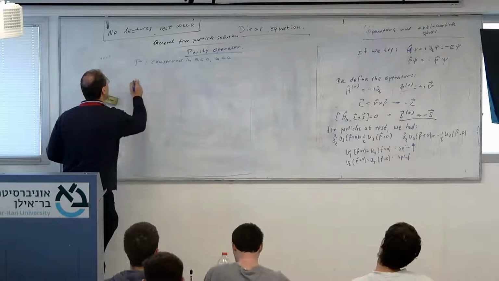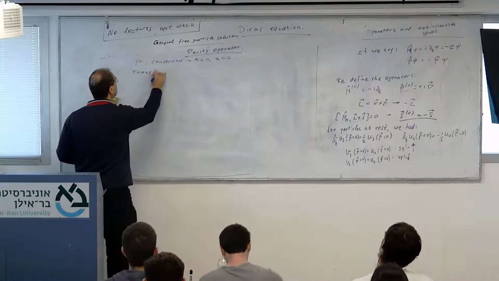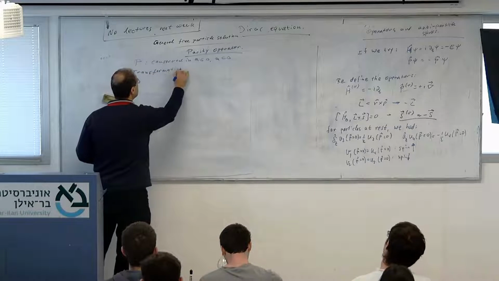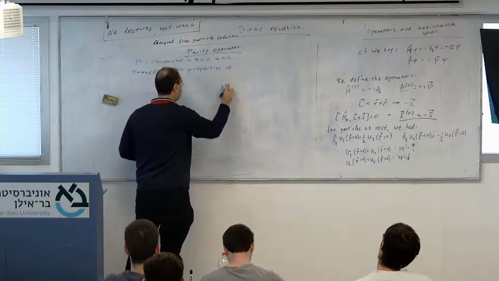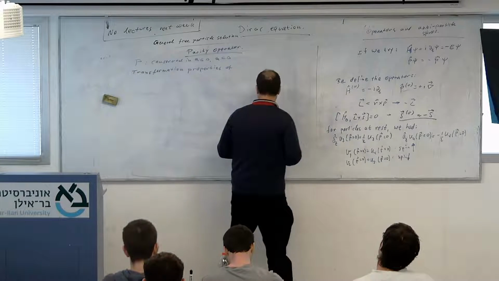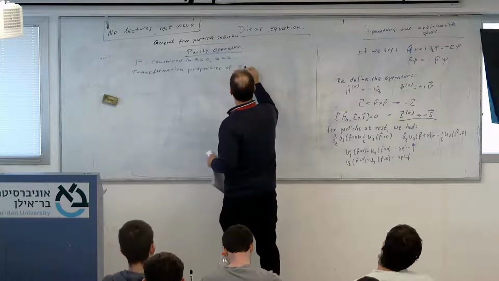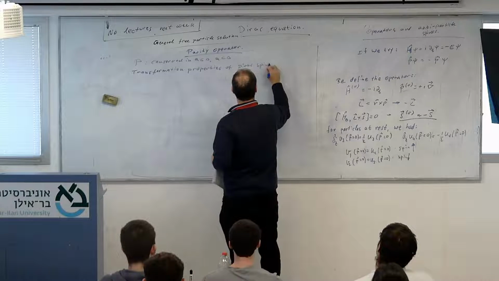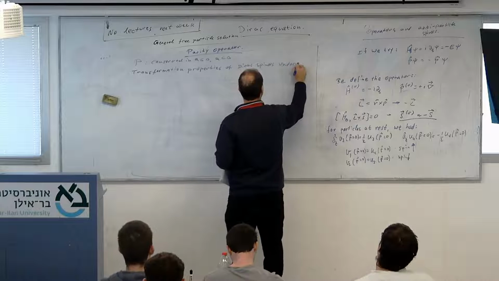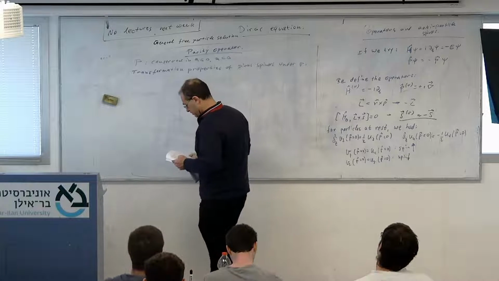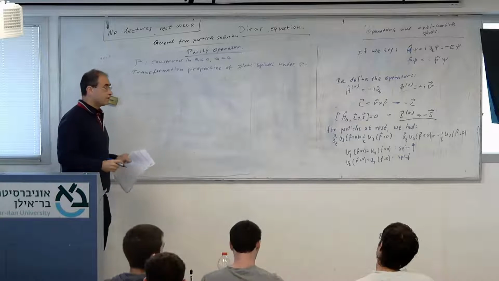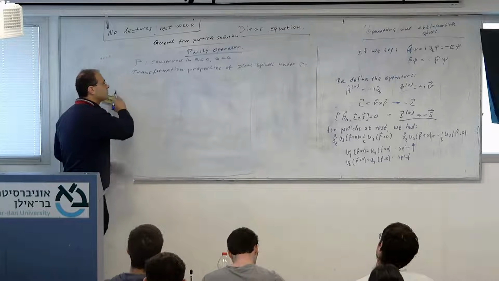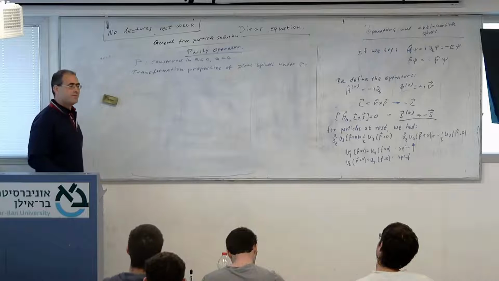What are the transformation properties of Dirac spinors under P? It will not concern the weak interaction. No. Why? It's a good question. Why? It violates it.